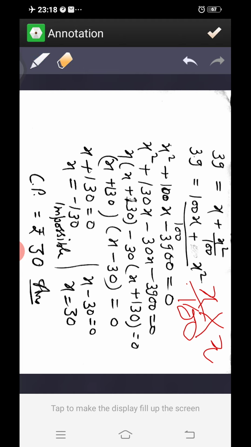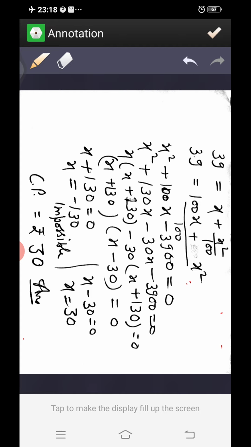X percent of x means x upon 100 of x, so that becomes x square upon 100. Taking 100 as the LCM, we get 100x plus x square upon 100 equal to 39.